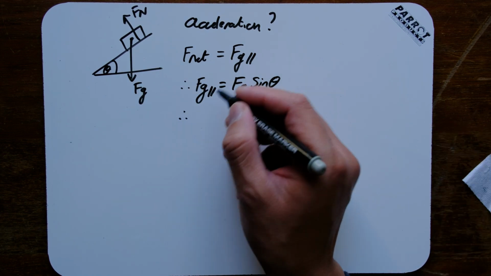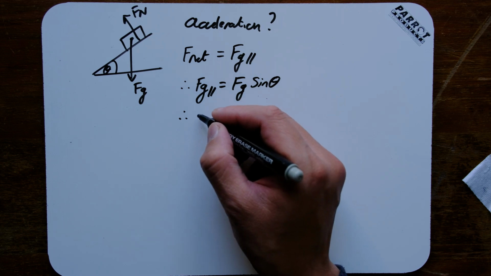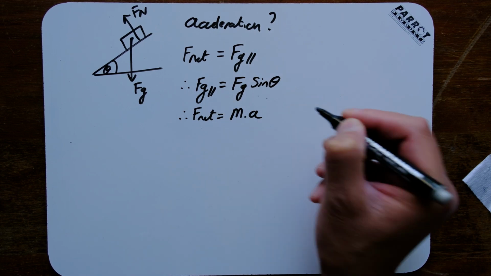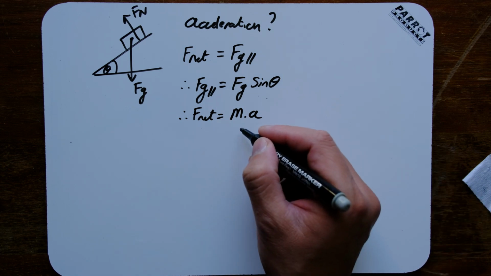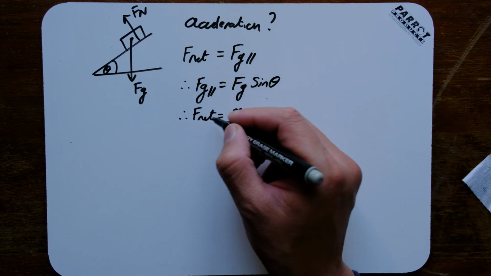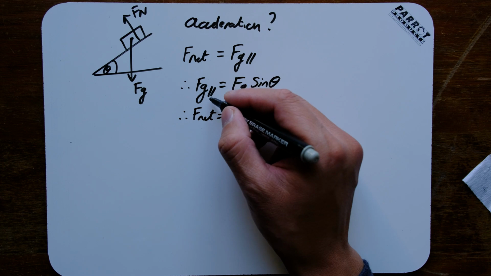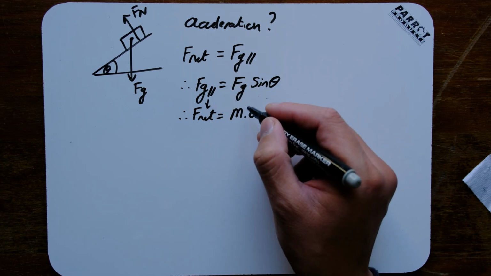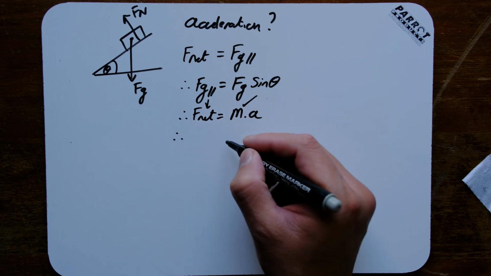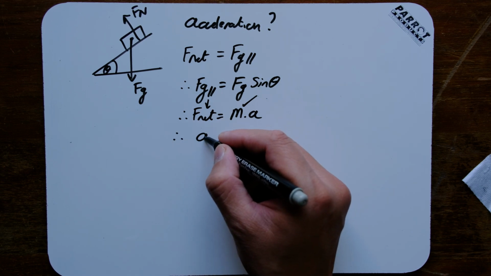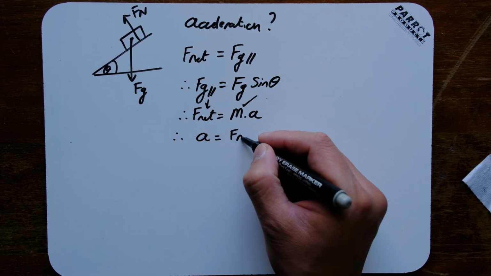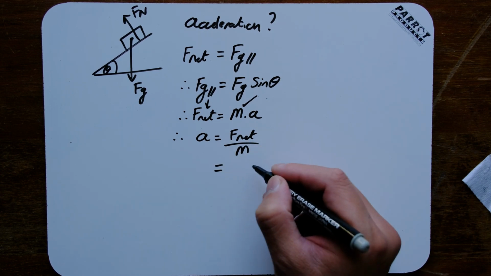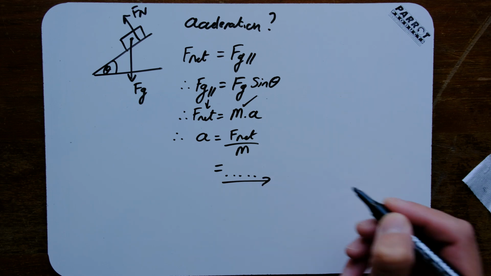Therefore, once we've got all of those, we can find that F net is also equal to the mass times acceleration. In order to find that, we now have F net, which is our force of gravity parallel, and we've been given our mass. So once we rearrange it, acceleration is just the net force divided by the mass, which would equal our answer.